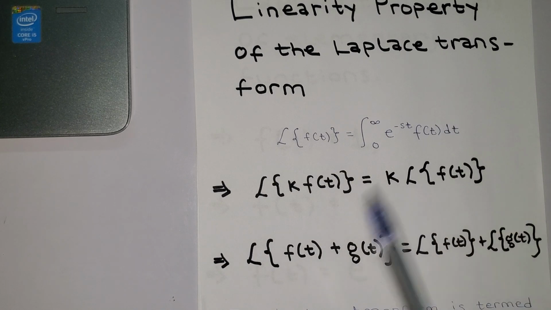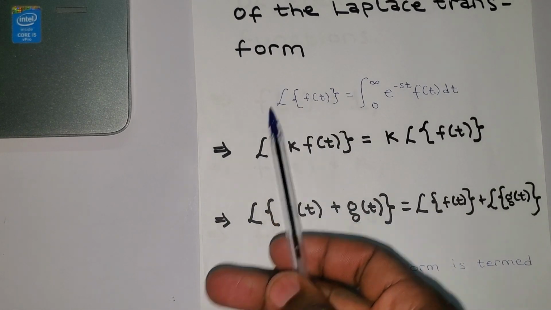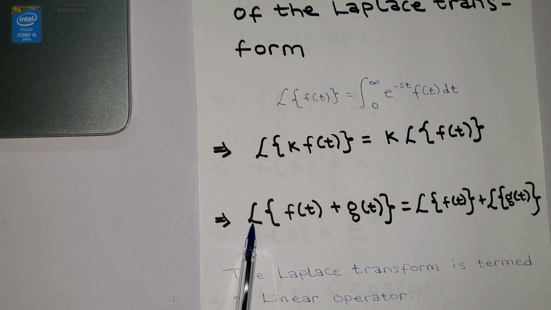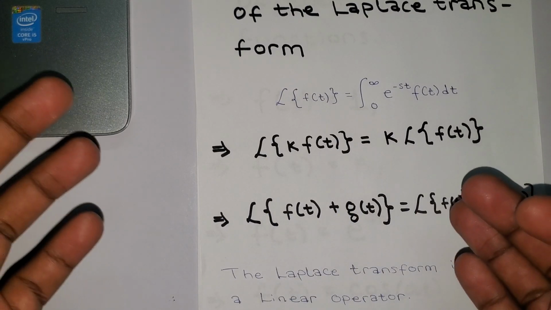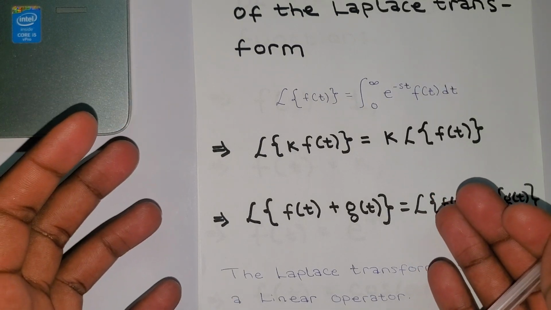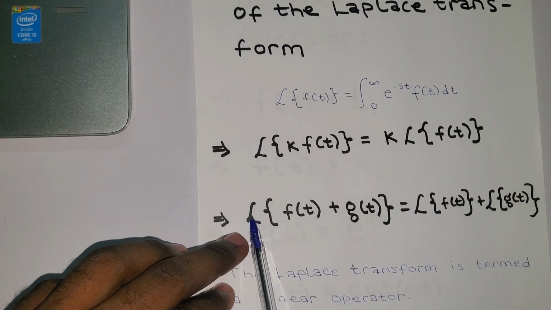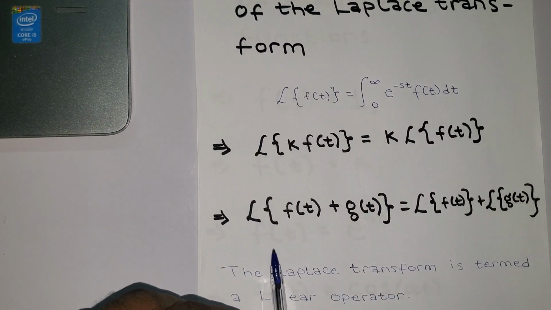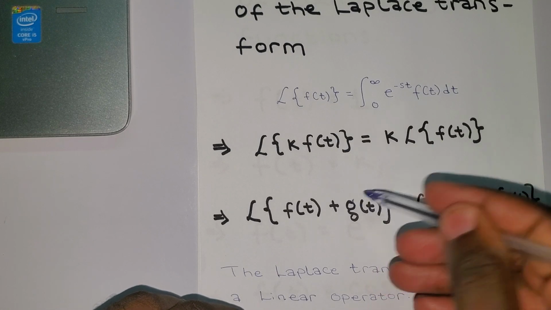There's also another property. If you are applying the Laplace transform on two functions that are being added or subtracted together, you can basically distribute the Laplace transform just as we do in algebra.